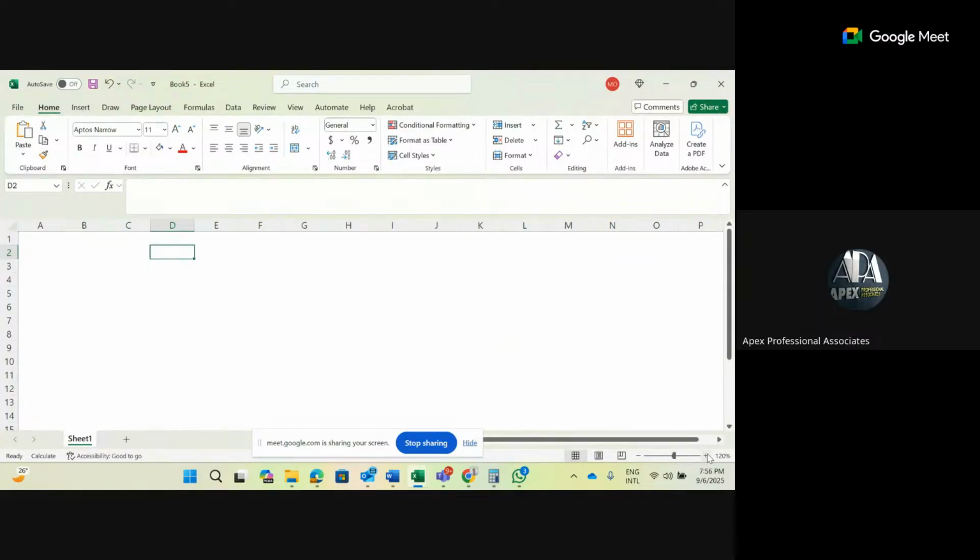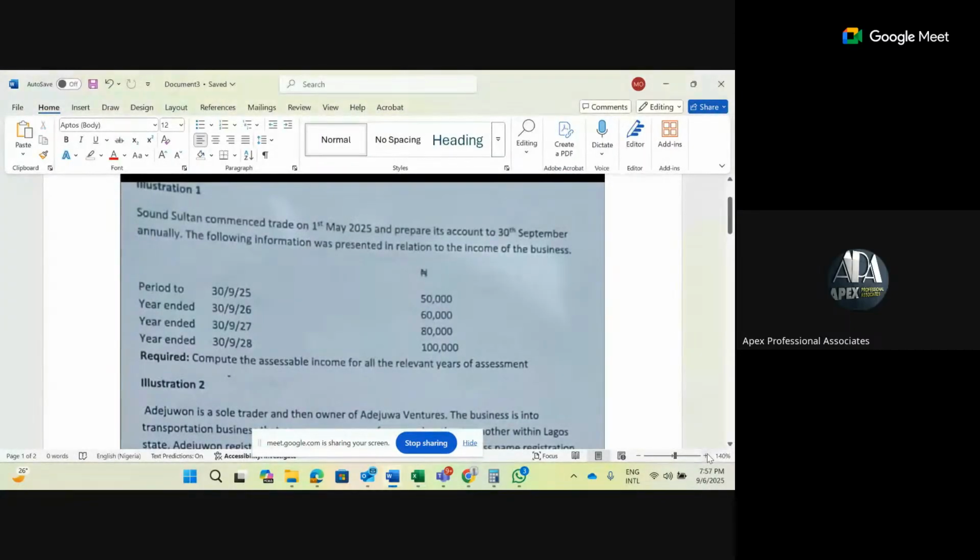Yeah, I'm sure you can see my Excel sheet. We'll be navigating through the question and coming back to this Excel sheet so that you can have a good understanding of what you are doing.